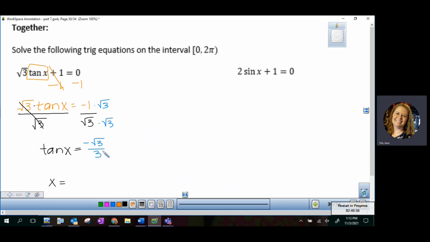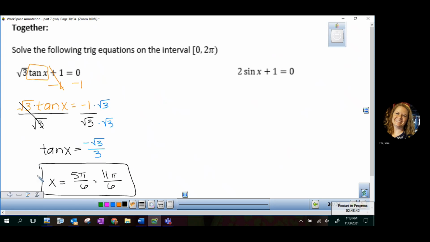So we need the pi/6 angle from quadrants 2 and 4. That's 5 pi/6 and 11 pi/6. Does that one make sense? All right, let's try this one.